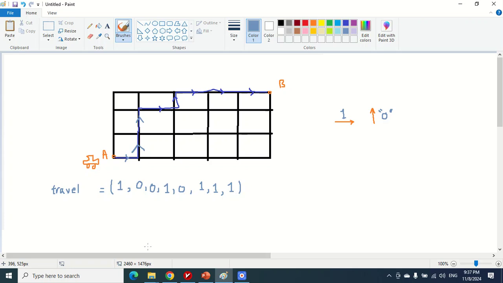It means that if I want to write another travel, for example, using this method of movement, 1 0 0 0 and 1 1 1 1 and 1. As you can see, for the green travel, we have 3 zeros at the beginning, 0 0 0. Then we have 5 ones, because 5 times it moved to the right: 1 2 3 4 and 5 times.